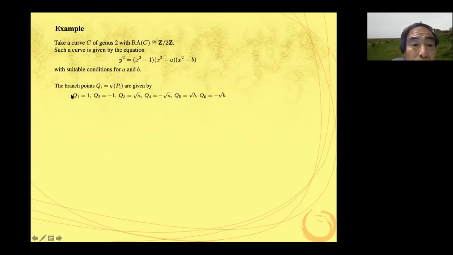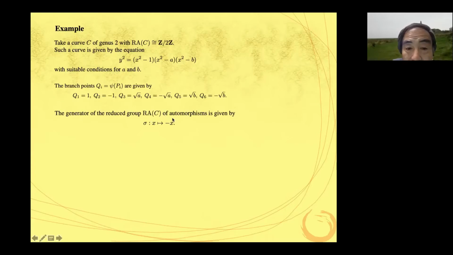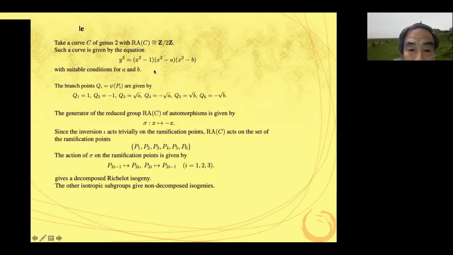And we denote the branch points by Qi. Then the generator of the reduced automorphism group is given by sigma like this. And sigma acts on this space. And anyway, this acts on the ramification points like this. So exchange this, exchange this, exchange this.